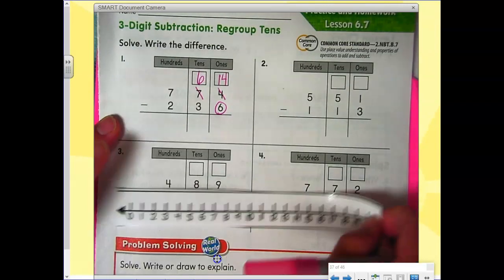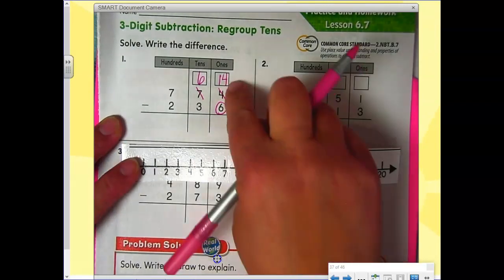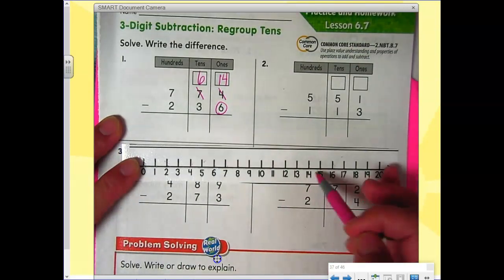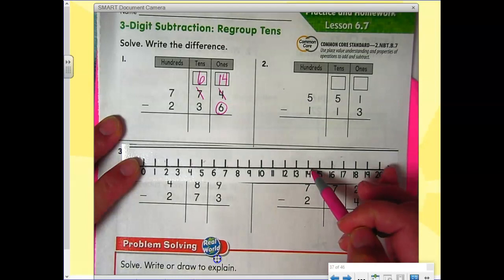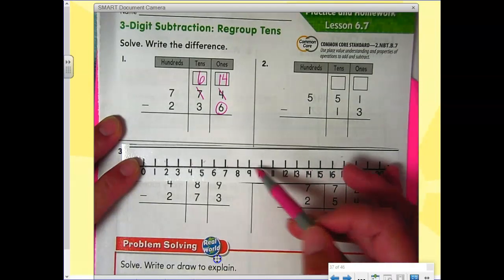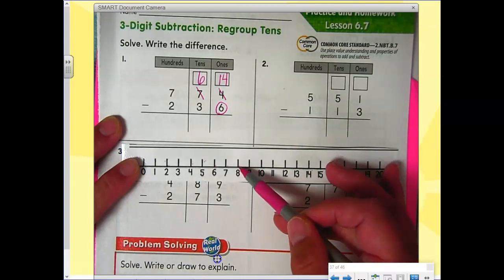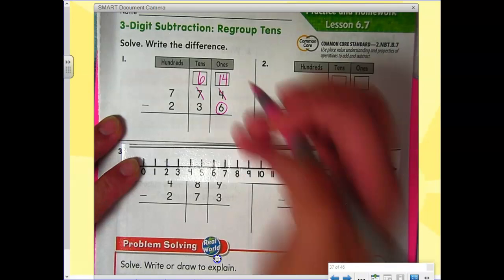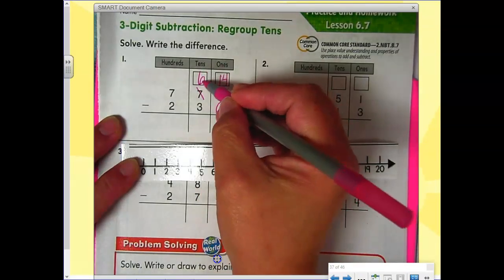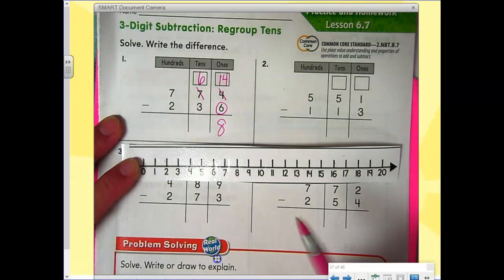Now I can subtract 14 minus 6. Start at 14 and count back 6. 1, 2, 3, 4, 5, 6. My answer is 8. Go to my tens place. 6 minus 3.